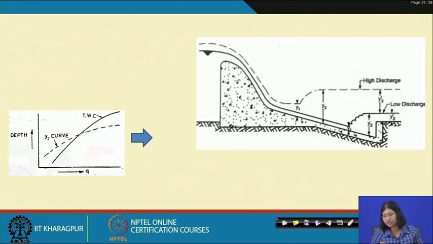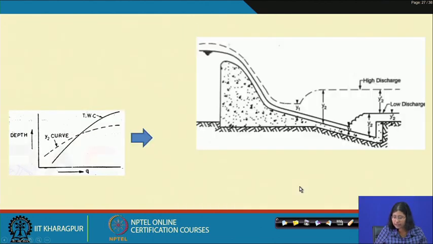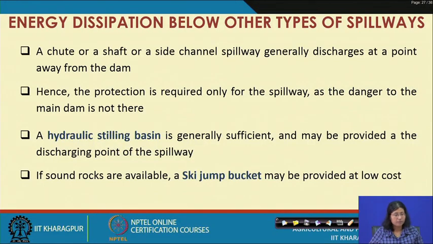So, these are the 5 ways we can solve the energy dissipation problem.